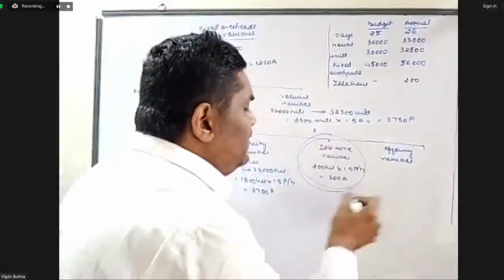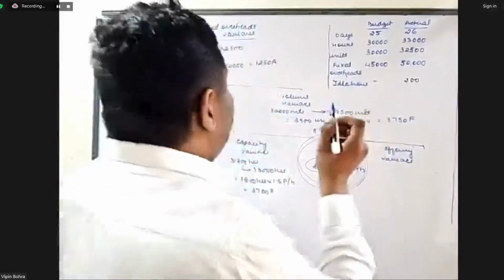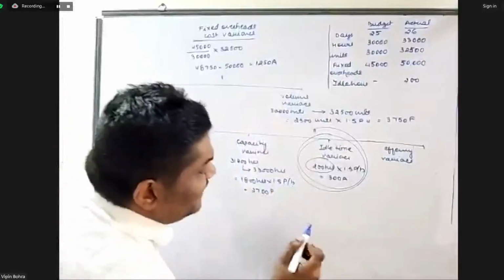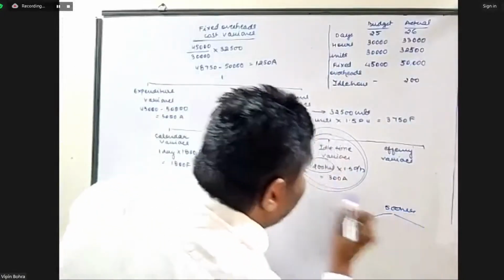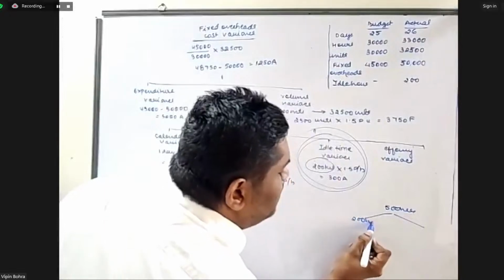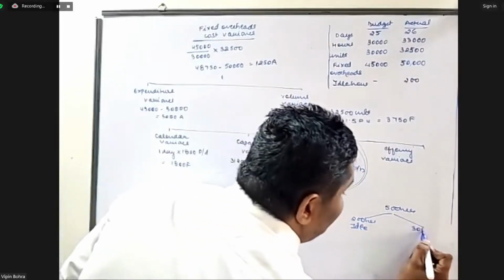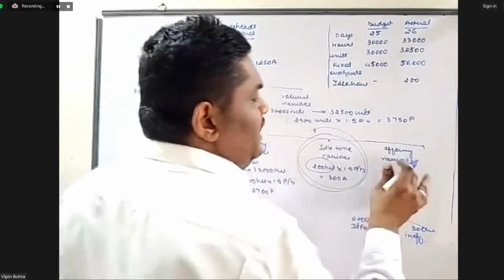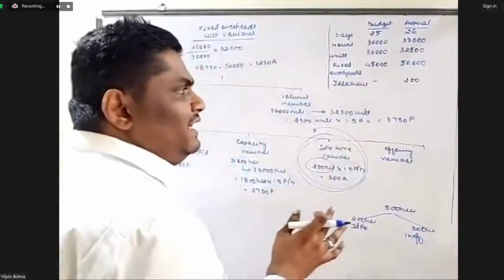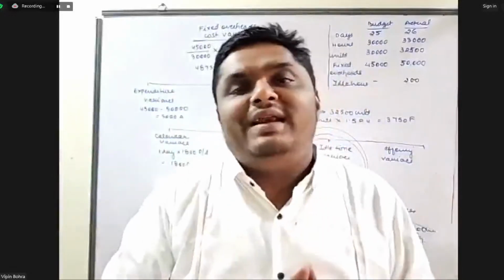Out of this, 200 hours is my idle hours. So the remaining 300 hours is my net inefficiency. So when idle hours are given, whatever inefficiency we calculate, we will subtract the idle hours.